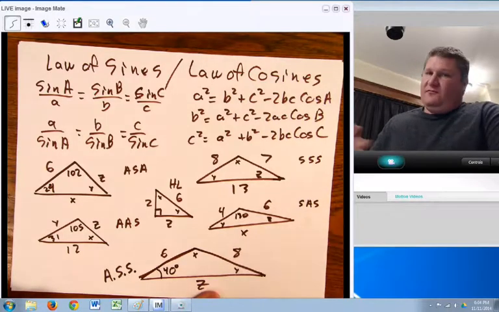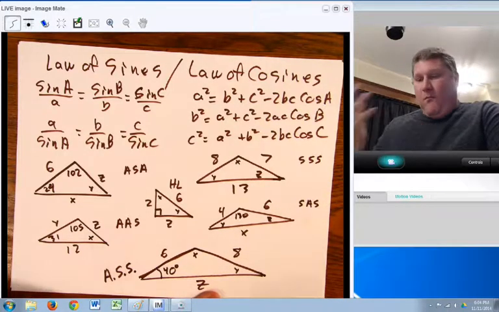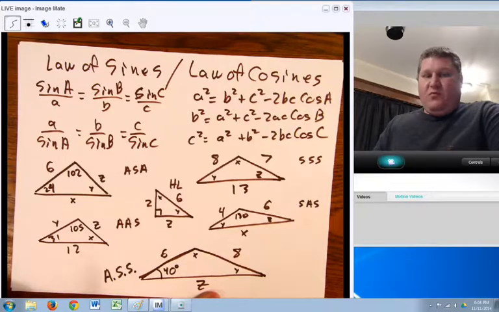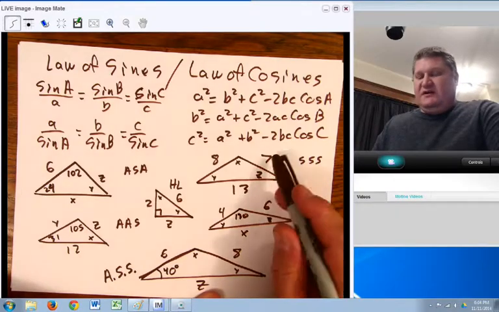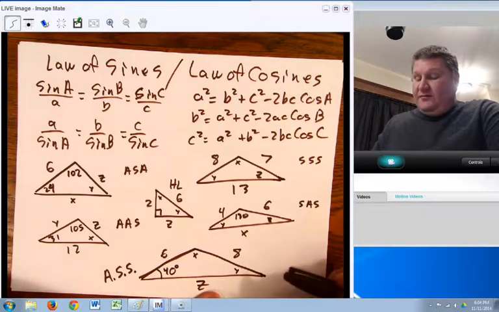Why can't we use the Pythagorean theorem? Well, because it's not a right triangle. How come we can't use sine and cosine and just solve them like that? Not a right triangle. So in all cases, we have these different rules that we're going to have to put to use.